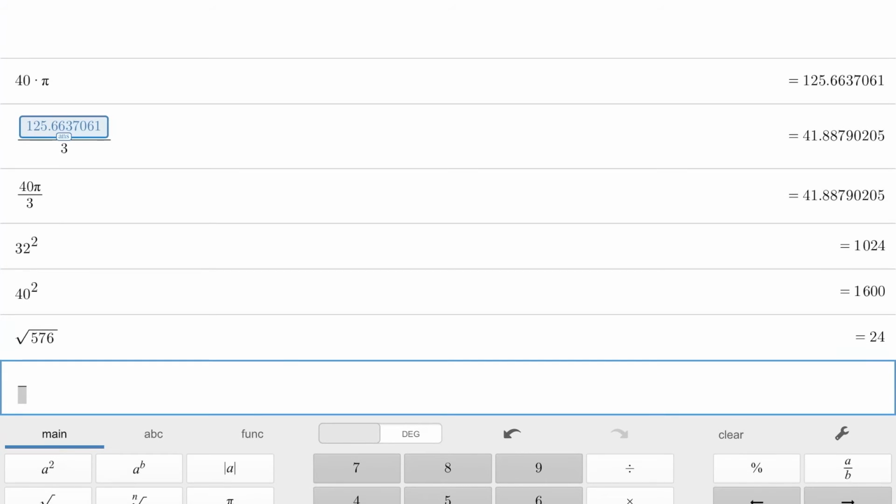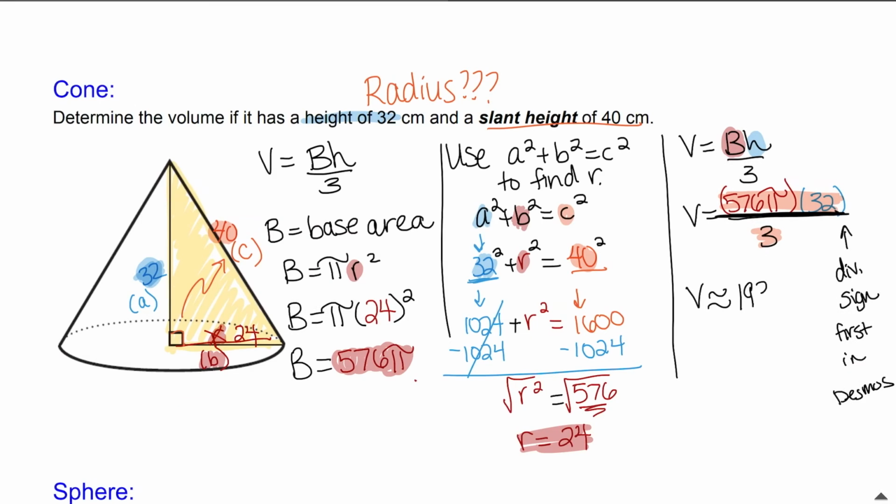I'm just going to use the division sign, and then I'm going to type in 576 pi multiplied by the height of 32, and then just divide that by 3, and I get 19,301.9. I said I'm going to round to the nearest tenth, and because the 9 has a 4 after it, that 9 stays a 9. And this is centimeters cubed.